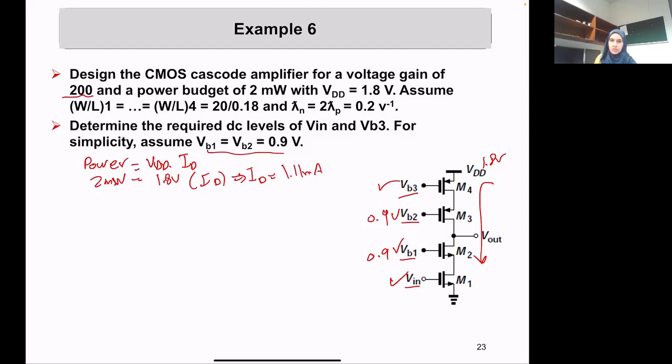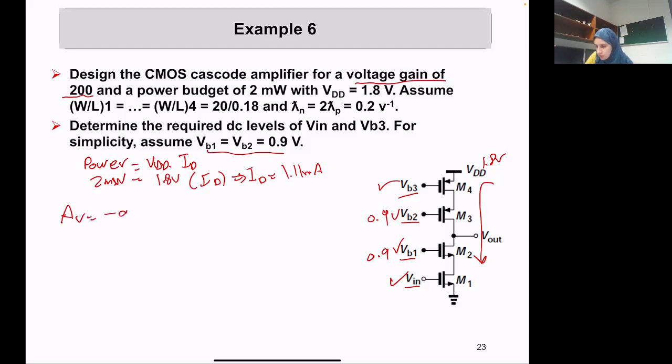We also know we need to find the GM values. Okay, so we also have the voltage gain relation. Let's write the voltage gain relation.